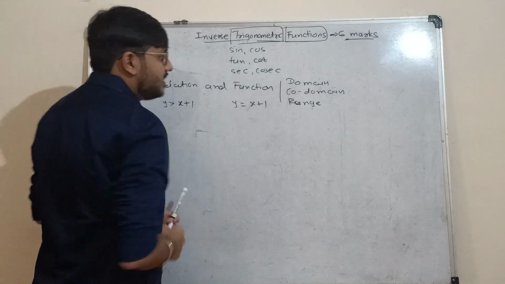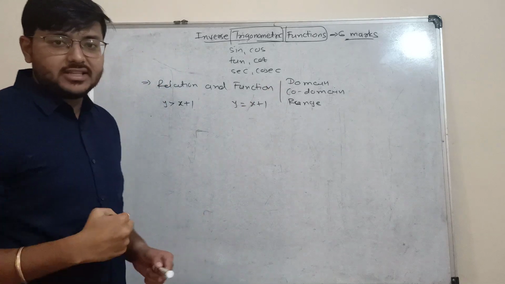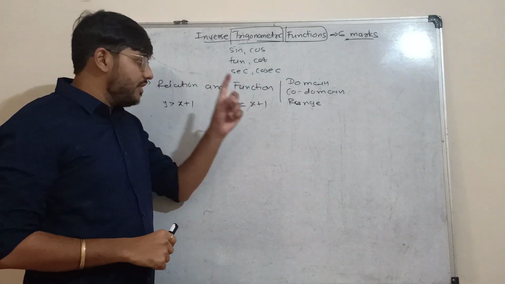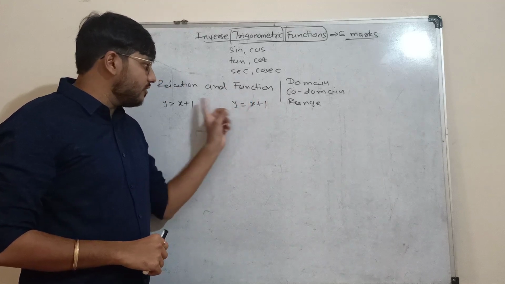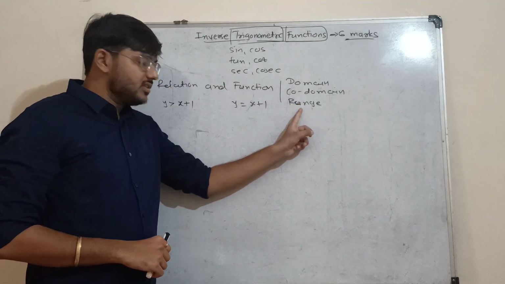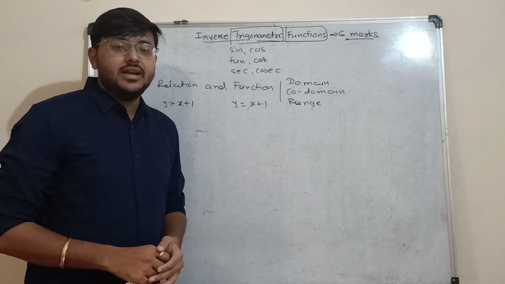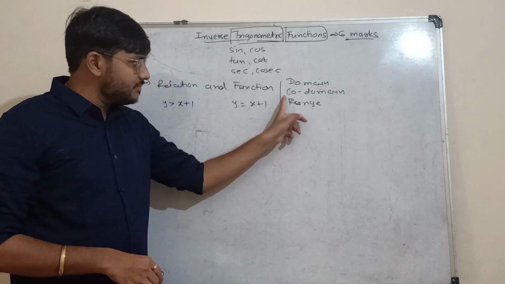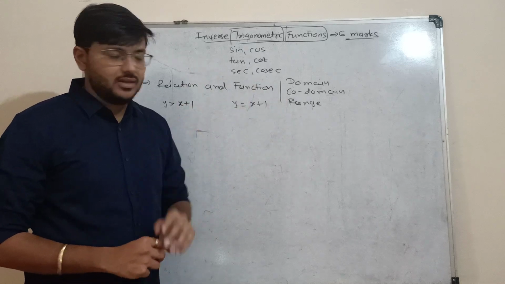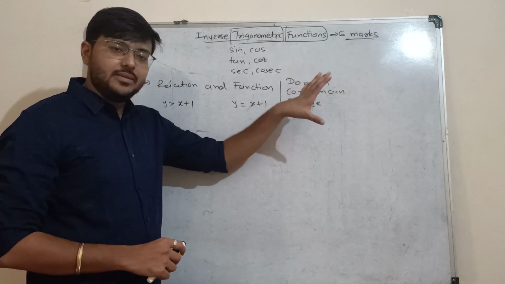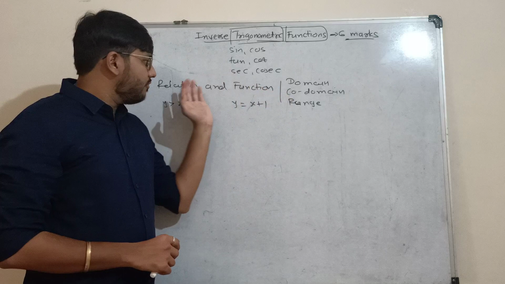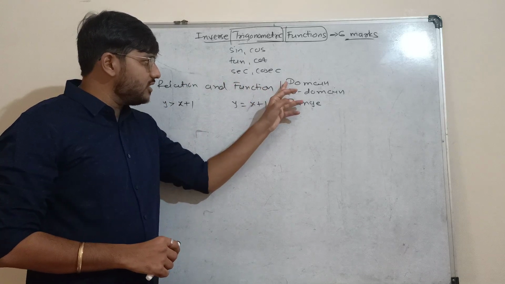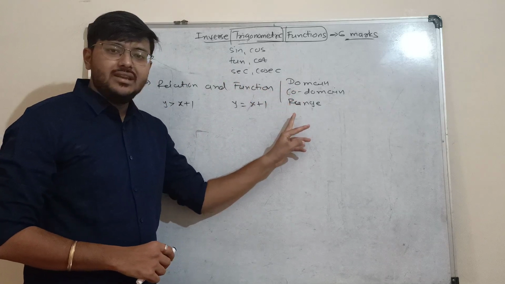So domain is the set of values of x from which we have to put the values of x. Range, whatever answer we'll get, that answer must belong to range, and range is either a subset of or equal to codomain, right? So this is the basic idea of these 3 statements. So relation and function depend on these 3 words: domain, codomain, and range, right?